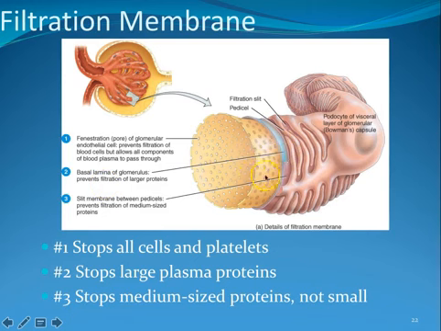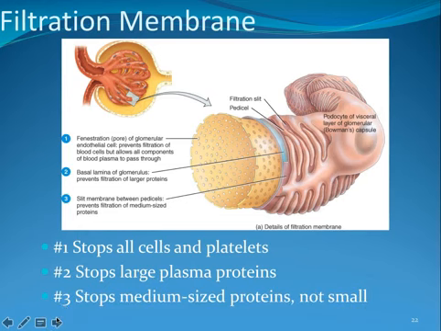Then you have slits between these finger-like projections. Those are called pedicels of the podocyte. Those slits will prevent medium-sized proteins from filtering out. So the end result between these three different layers, the only things that will get filtered out are ions, water, and fairly small proteins.